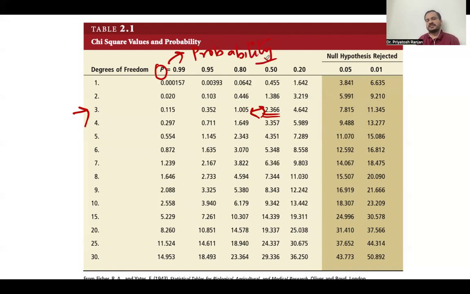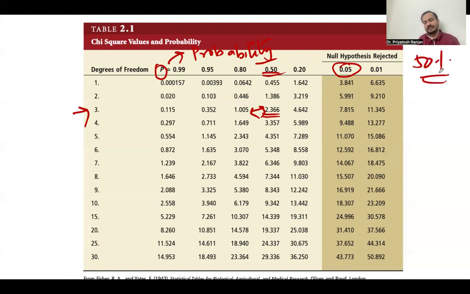For statistical significance, we consider a p value of 0.05, but what we can see here is that the probability for our question is close to 0.50, which is 50%. What does that mean?